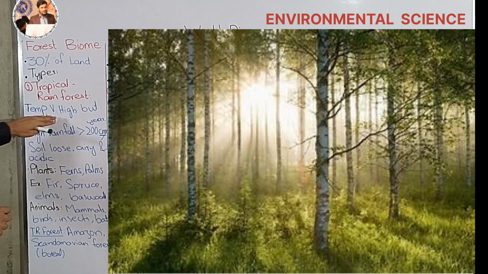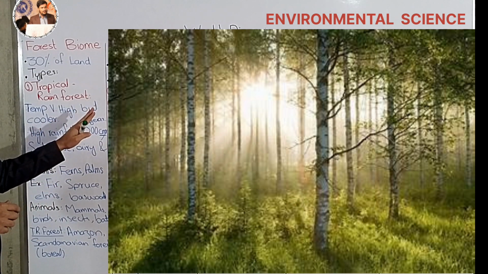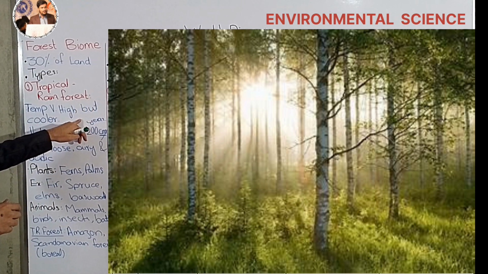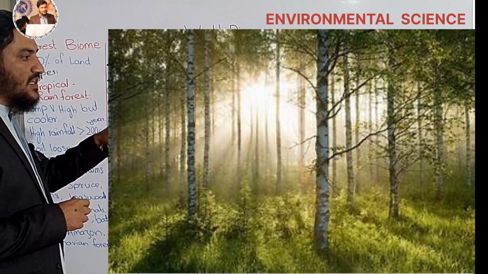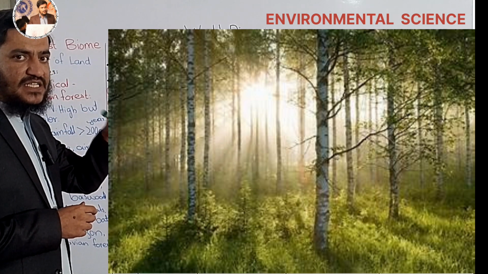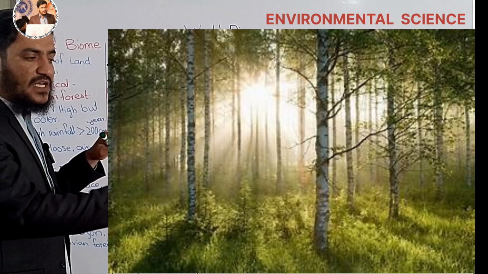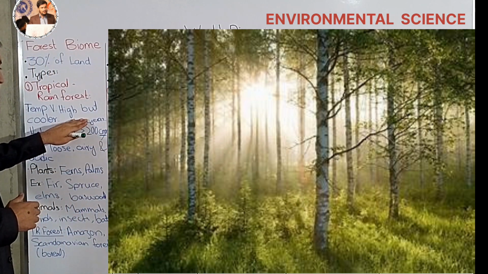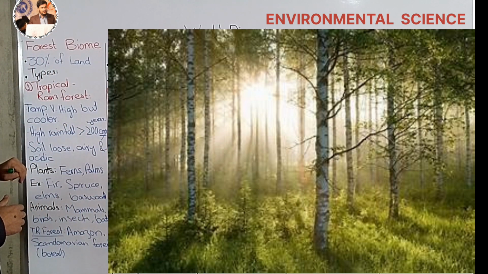The temperature here is very high, but the surface of the land remains cool because there are high and large trees, so the rays of sunlight do not directly hit the surface of the earth. That's why it remains cooler.